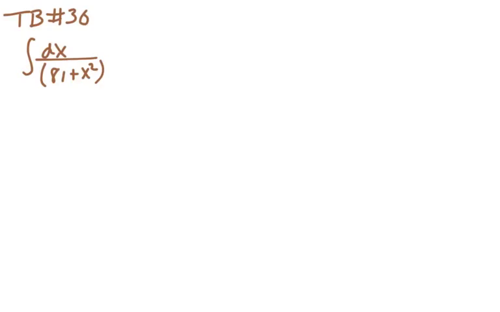Time for another example. The integral of dx over (81 plus x squared) squared is textbook problem 30. And we've got the sum of two perfect squares, so I'm going to use the trig substitution x equals a tangent of theta, where a squared plus x squared, a squared is equal to 81, so a is 9.